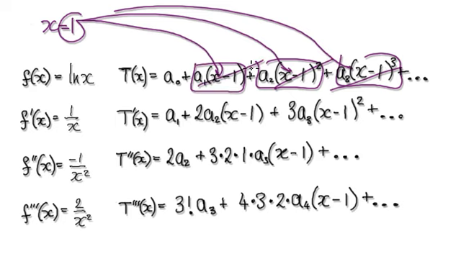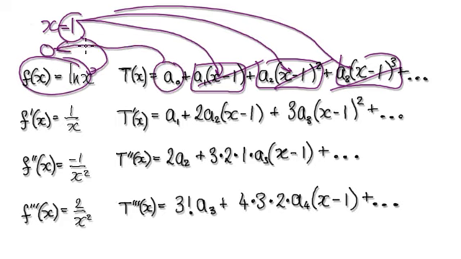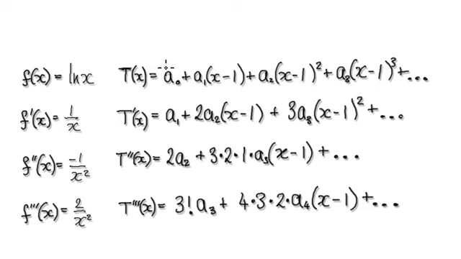Remember, we demand that this thing equals this thing. Natural log of 1 is 0, so a0 is actually 0. Our first coefficient would be 0.